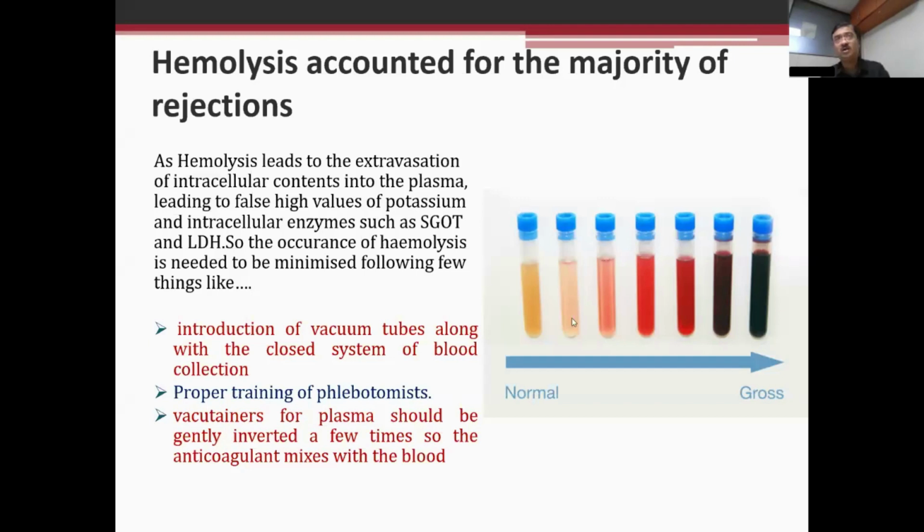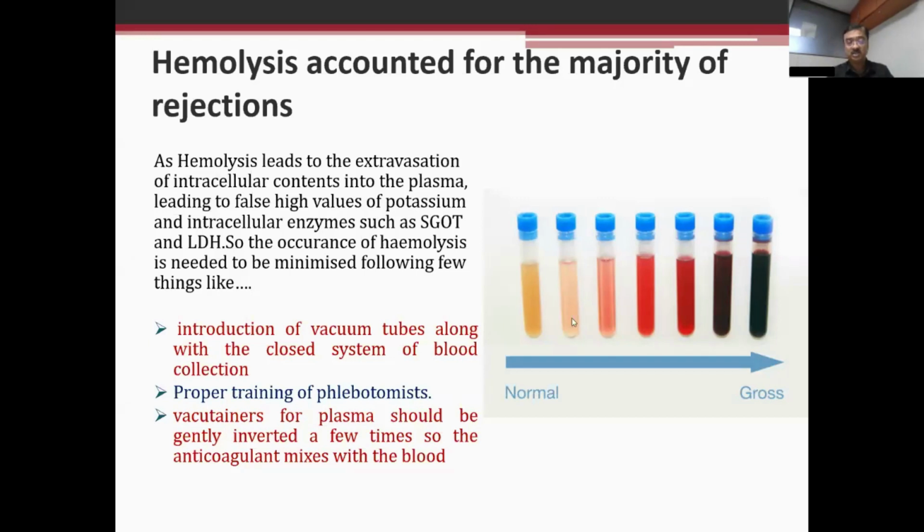RBCs have 200 times more potassium than serum. So whenever even 4 or 5 RBCs are broken, that can significantly raise the serum potassium level. So do the other intracellular enzymes like SGOT, LDH.